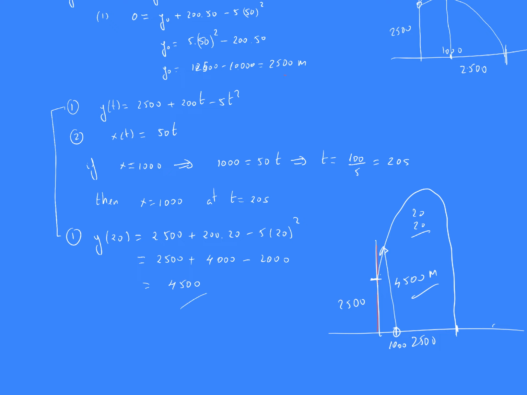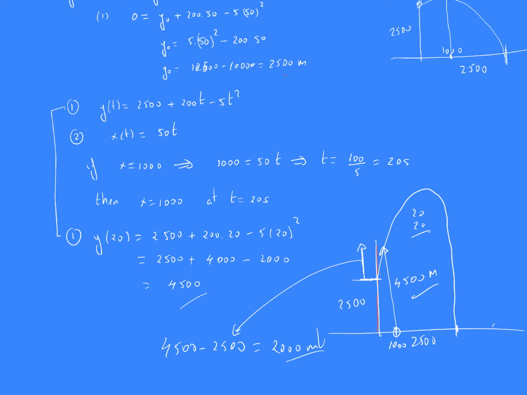So if the problem wants me to answer only this height, it will be 4,500 minus 2,500. So this height will be 4,500 minus 2,500 equals 2,000 meters.